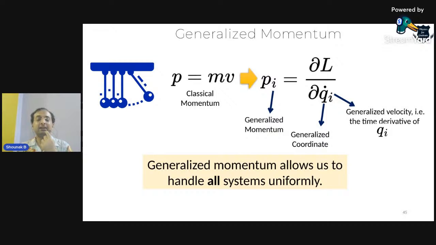You see the classical momentum; if I use something called a generalized momentum, isn't it easier? Pi is the generalized momentum, L is the Lagrangian, and q dot i is what? It is the generalized velocity, the time derivative of the generalized coordinate. So generalized momentum also helps us: linear momentum, angular momentum, everything is now in one place.